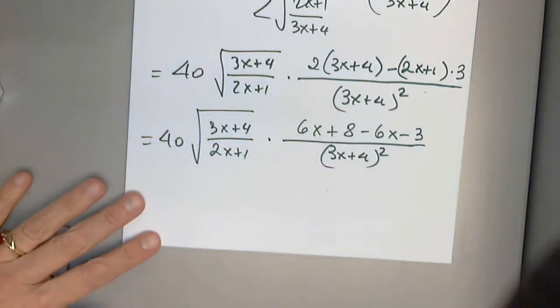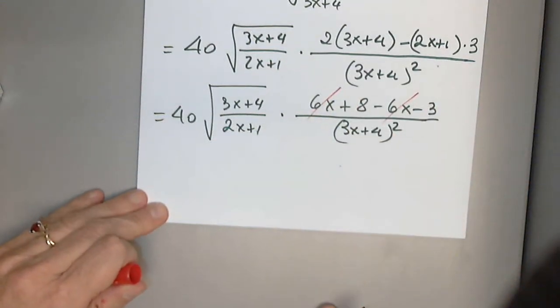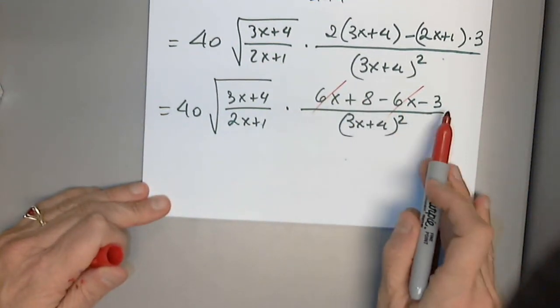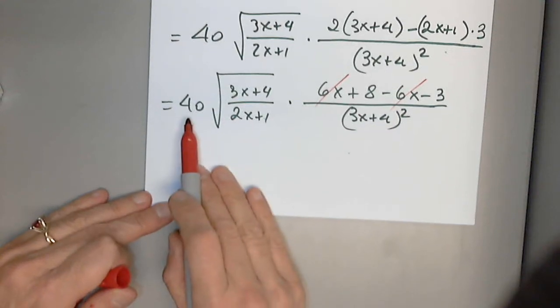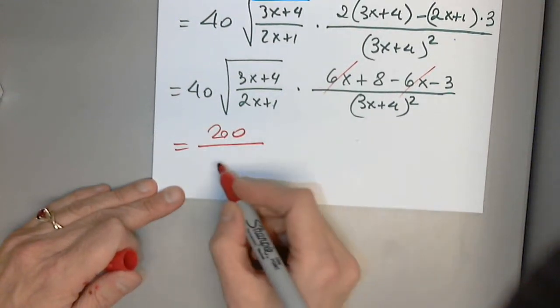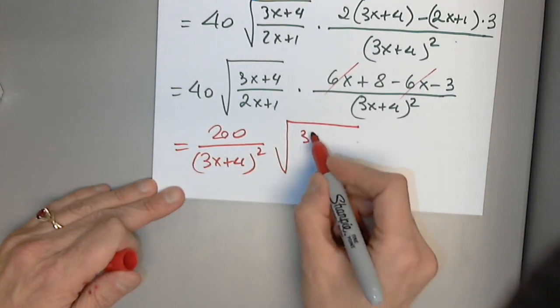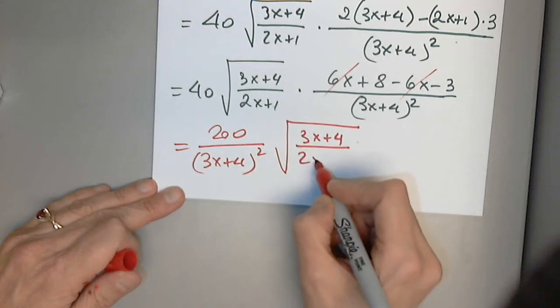Do you notice anything here? These two go away. 8 minus 3 is 5, and I can move it and multiply by 40. So this is 200 over 3x plus 4 squared times the square root 3x plus 4 over 2x plus 1.